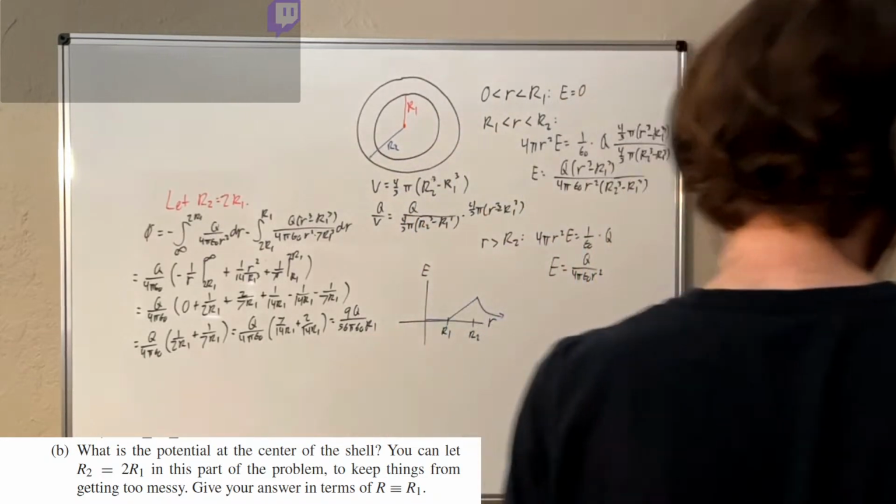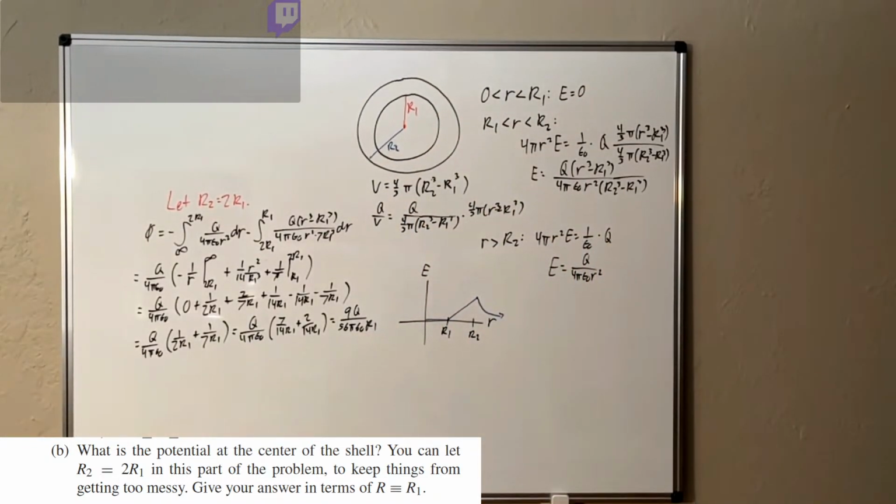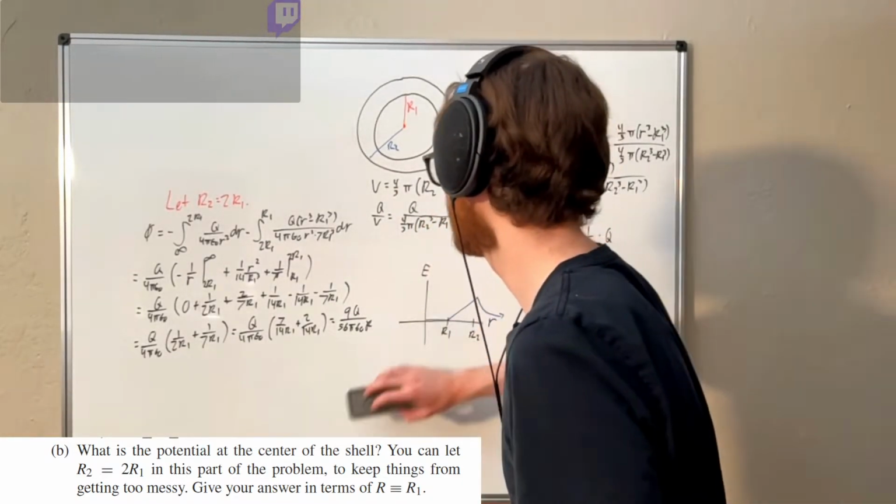Oh, we can take one over 0, the forbidden ratio. And I'm just going to chop off the sub 1, because that's what they say you can do.